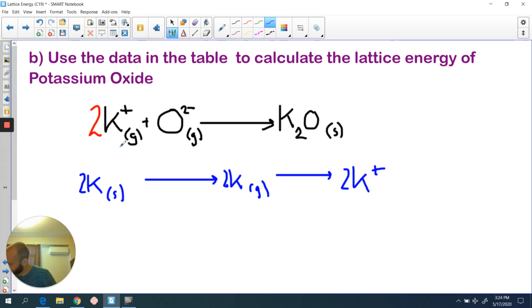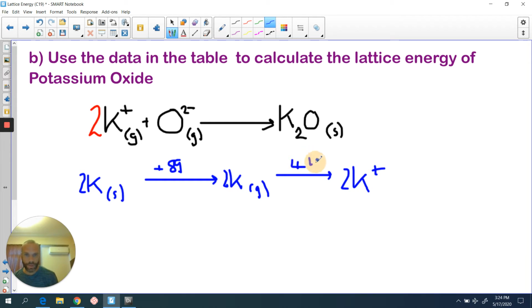Now I'm just looking at the book, at the data they've given. They said that the enthalpy change of atomization of potassium is plus 89. They've said that the enthalpy change of ionization, so the first ionization energy of potassium, is 418.